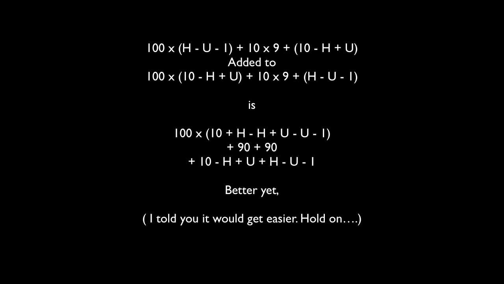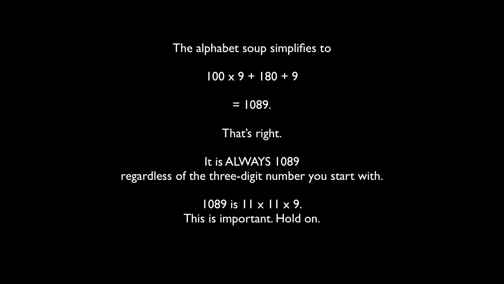Better yet, the alphabet soup simplifies to 100 times 9 plus 180 plus 9. That's right. It is always 1089, regardless of the three-digit number you start with.